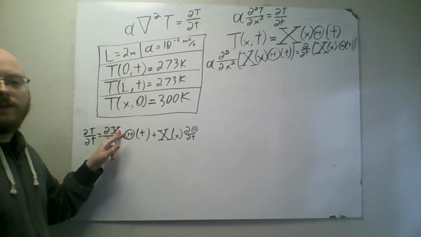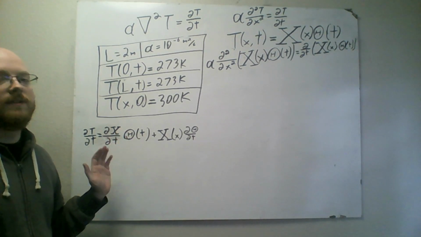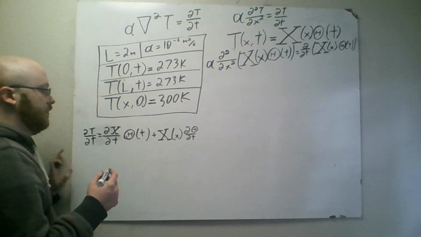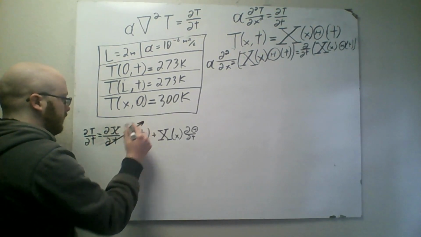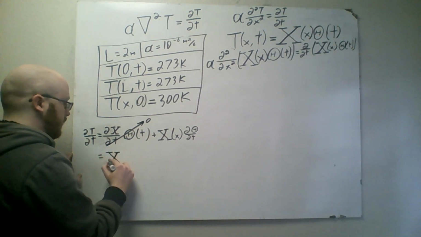This guy right here is actually not a function of t at all. It doesn't depend on t. So the derivative of this with respect to t is 0. So this whole term goes away. And we're left with X times d theta T.